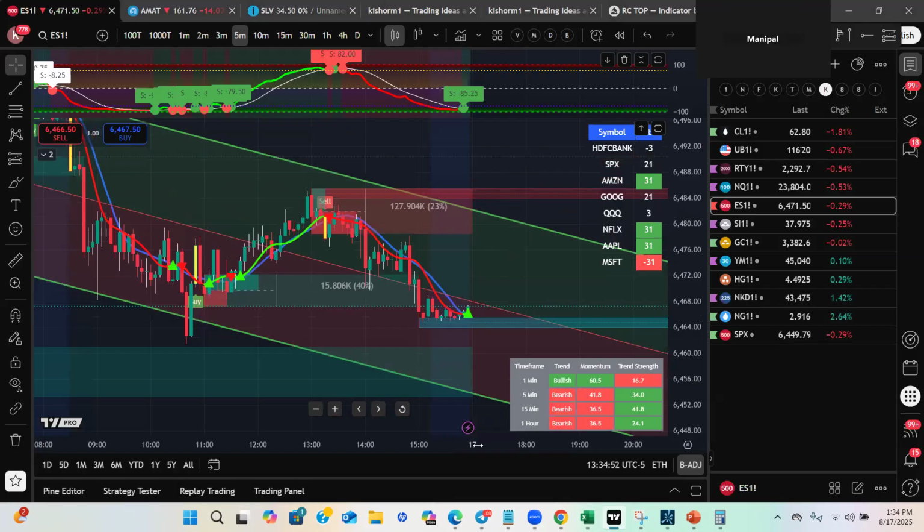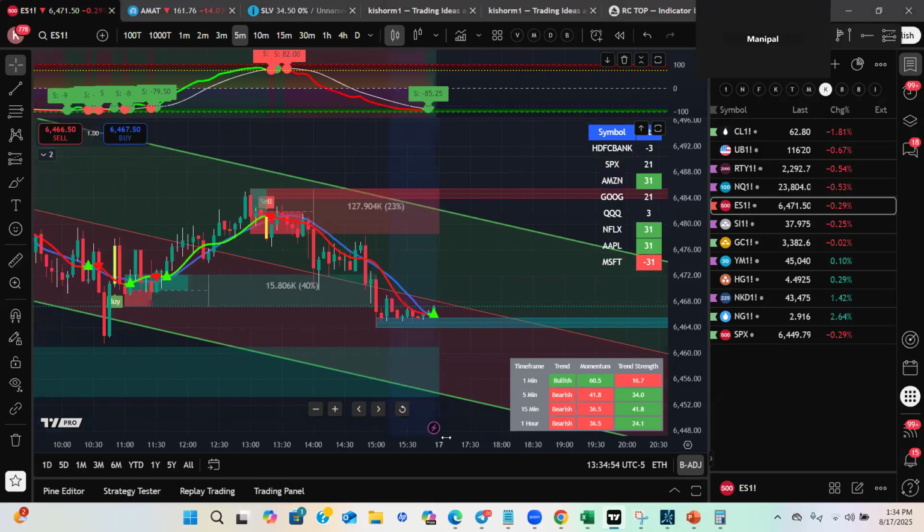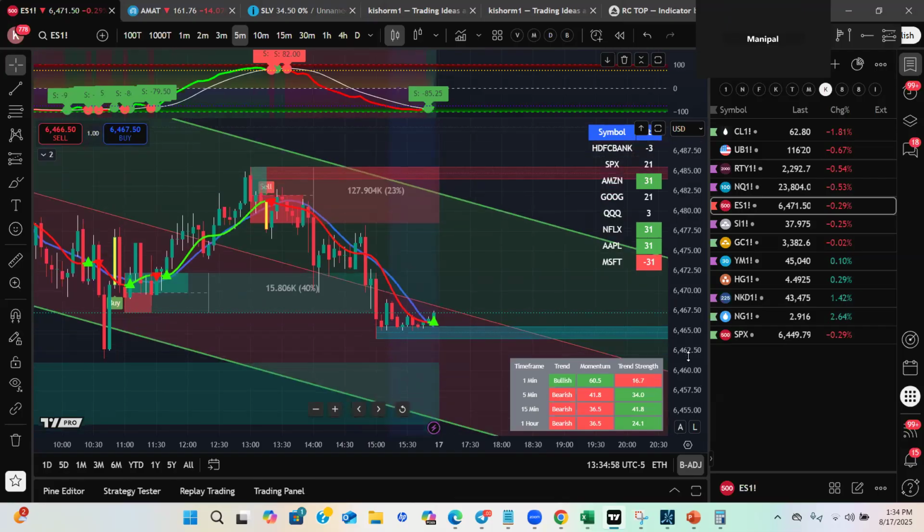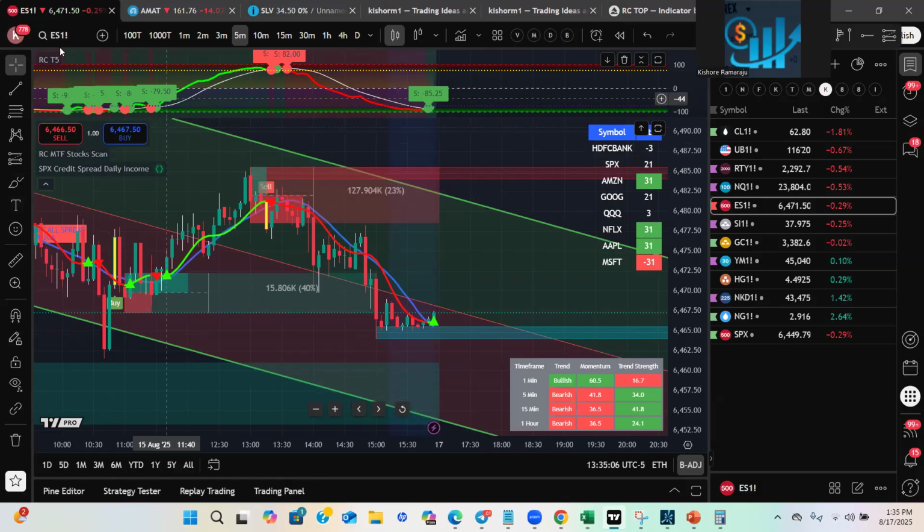I have one question. If I want to trade only SPX, what are the best indicators? This one, right? The stock scan, E5 and SPX credit spread daily income. These are the three best ones. Whenever you get sell at the top, you can do bear calls. Whenever you get buy at the bottom of the channel, you can do bull puts.